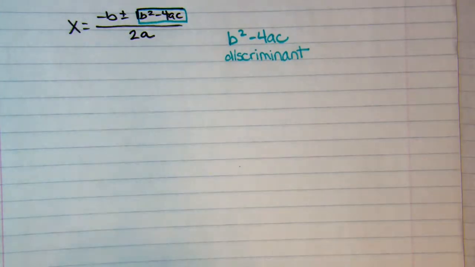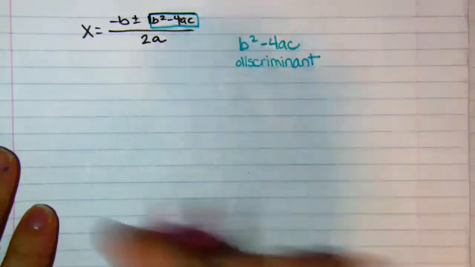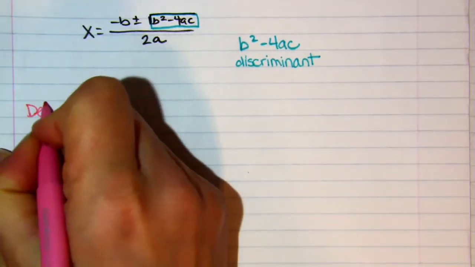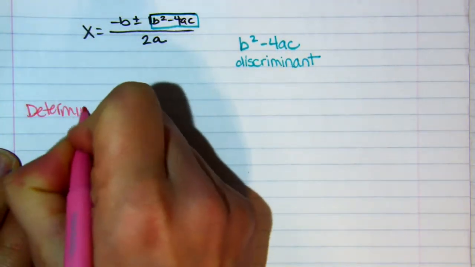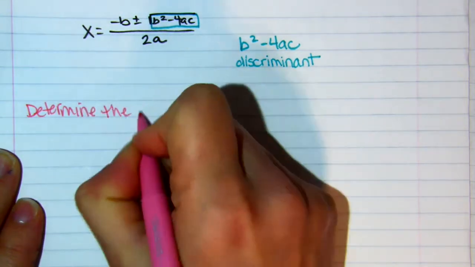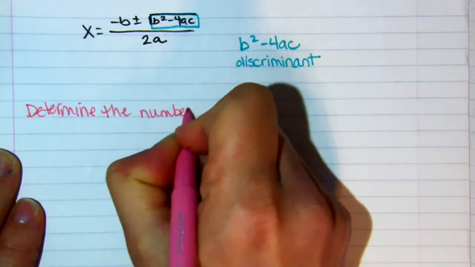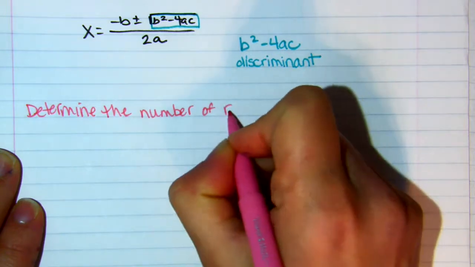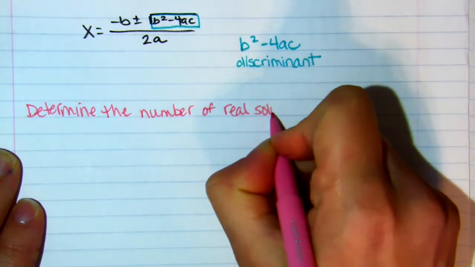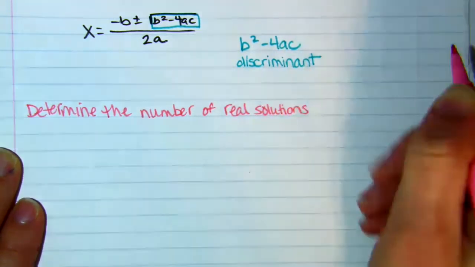So for these, you might just be given a problem that says determine the number of solutions, or the number of real solutions, because right now we're only dealing with real numbers.